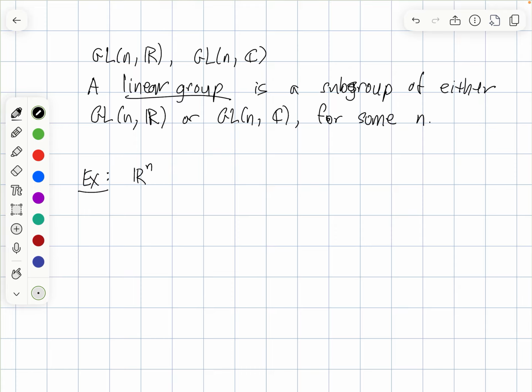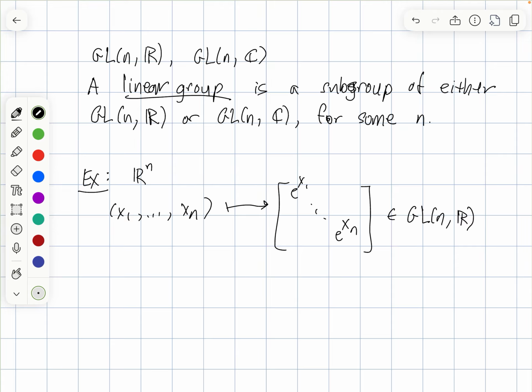suppose that you have x1 through xn. So with this n-tuple, you can pair it with the matrix whose diagonal entries are e to the xi. So this would be an element of GLNR.